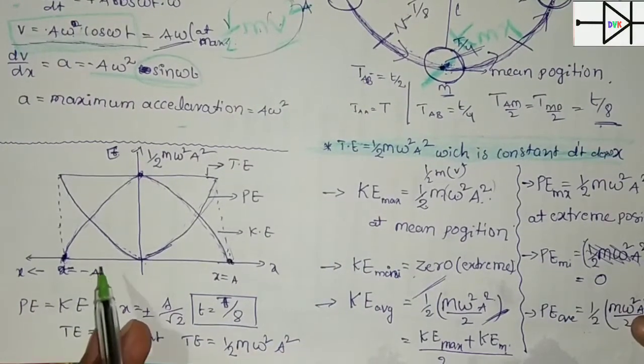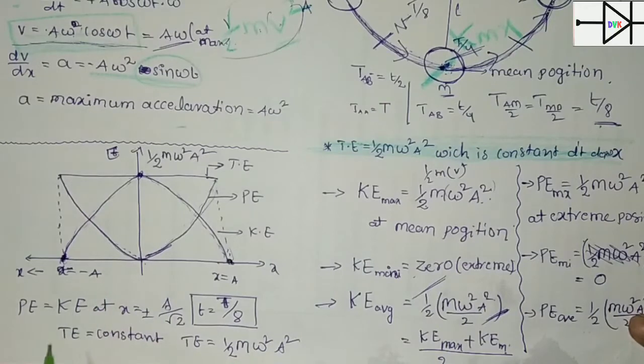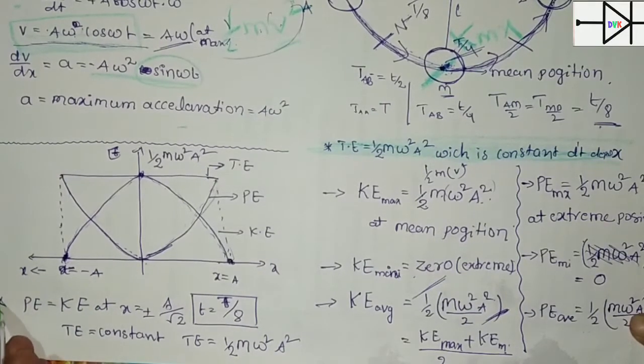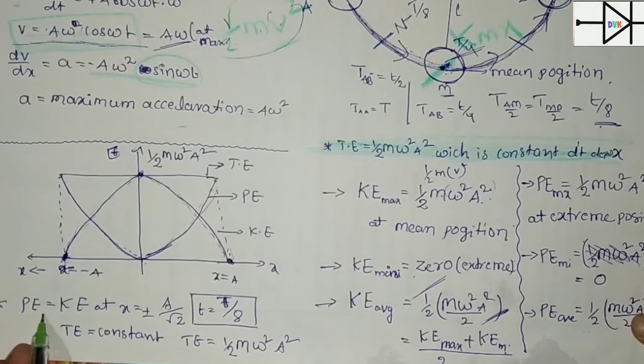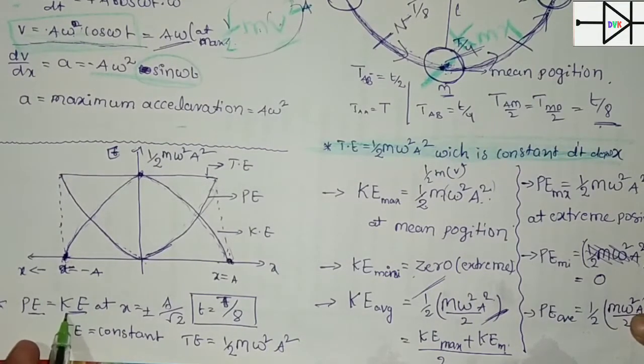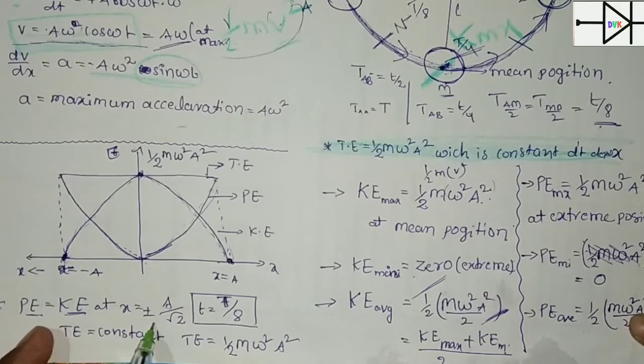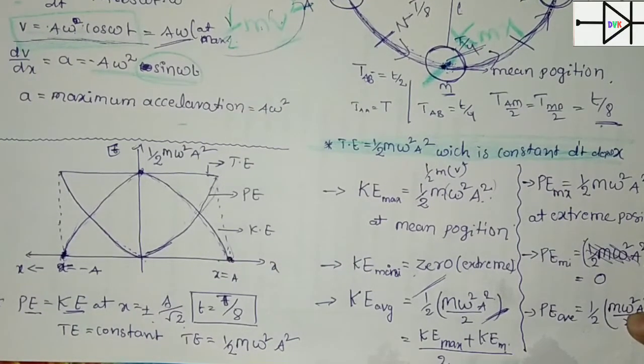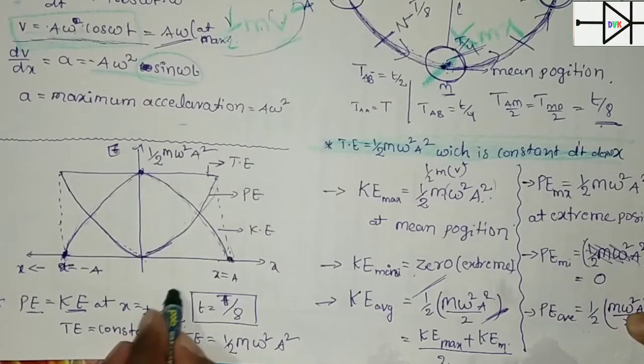Okay, this graph shows potential energy and kinetic energy. Very important point: potential energy and kinetic energy are both equal at x equal to a by root 2.